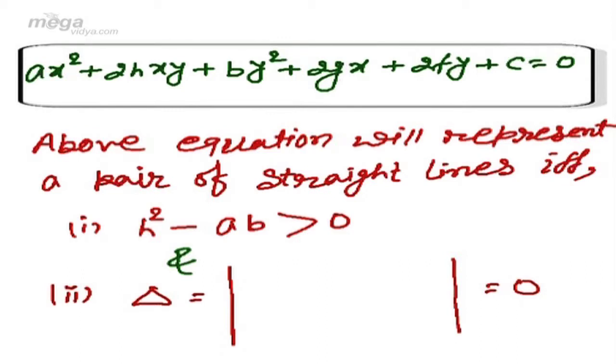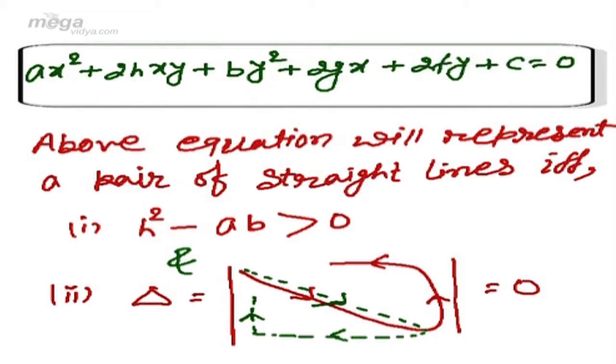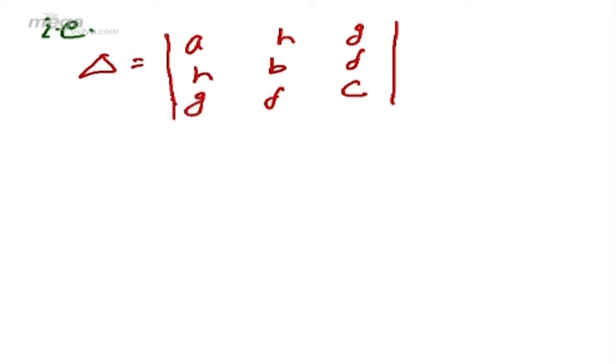The way of writing is in this direction or in this direction. In these two directions, we will write all the constants in alphabetical order. Delta is equal to, in alphabetical order, A, B, C, F, G, H, and here also A, B, C, F, G, H. So this determinant should be equal to 0.